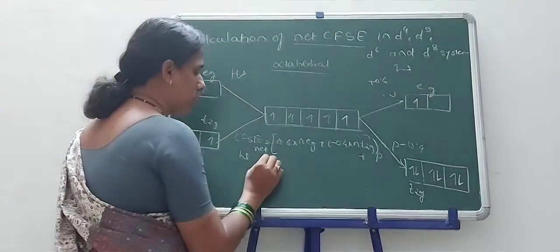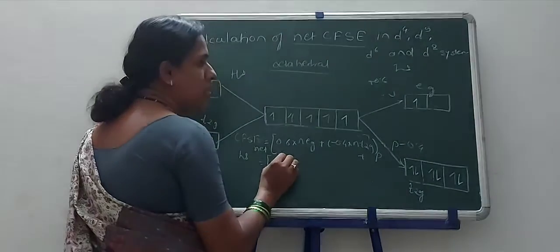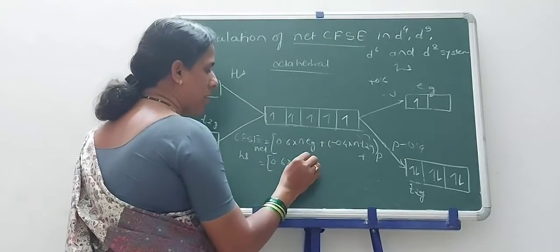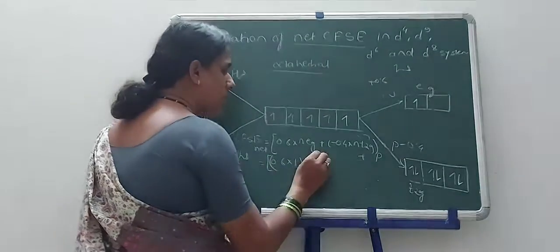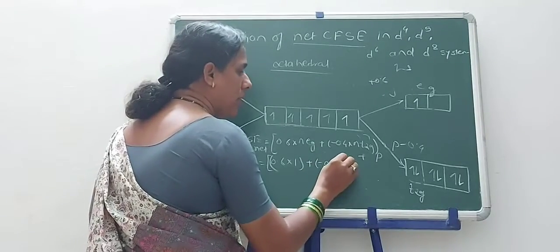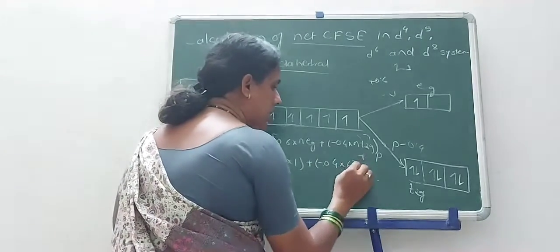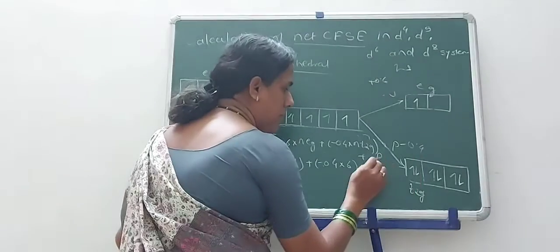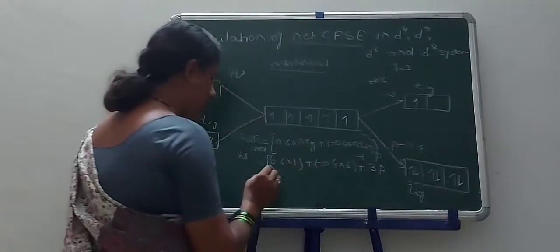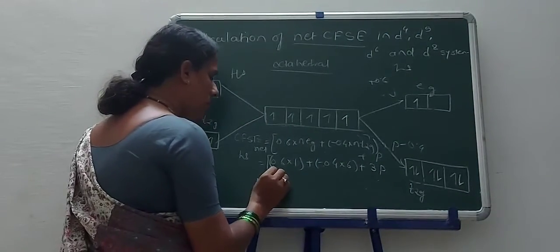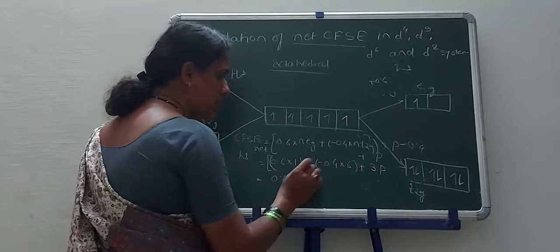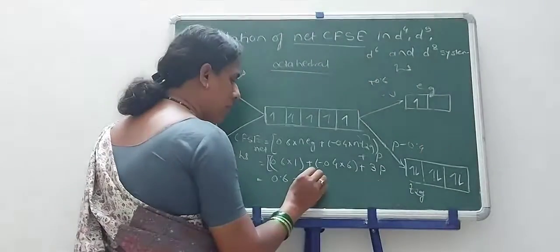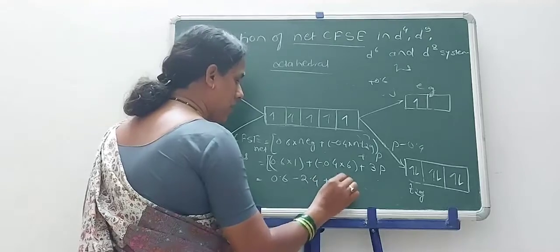Okay, therefore 0.6 into Eg, how many electrons? 1. Okay, plus minus 0.4 into how many electrons? Total is equal to 6. Plus how many electron pairs? That is equal to 3P. Therefore, it is equal to 0.6 minus, what is the answer? 2.4 plus 3P.